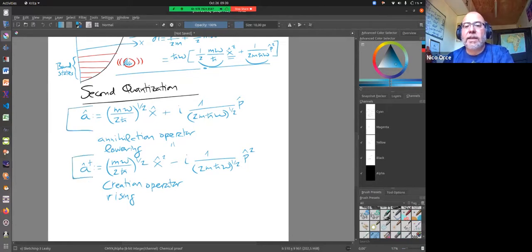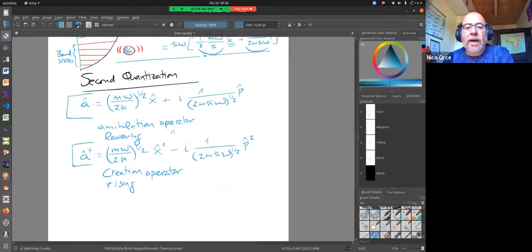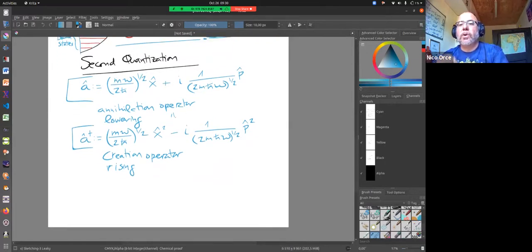This symbol is a dagger there, and this is an x. For that, what we're going to do is add and subtract these two equations in a way that we can get x. This doesn't have a square here.